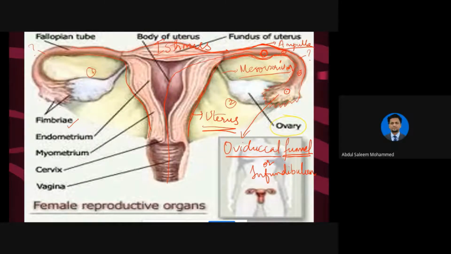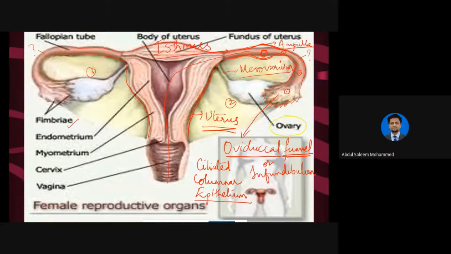Okay. Now, the oviducts on either side are internally lined by a special epithelial tissue, the ciliated columnar epithelial tissue. Ciliated columnar epithelium lines the inner walls of the oviduct. Why is this ciliated columnar epithelium there?